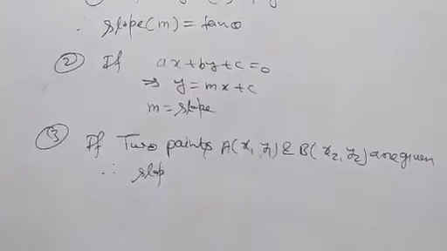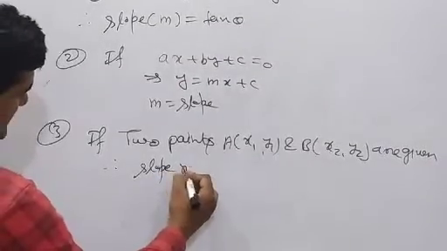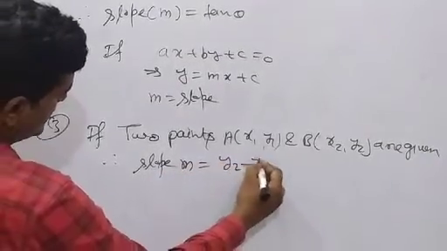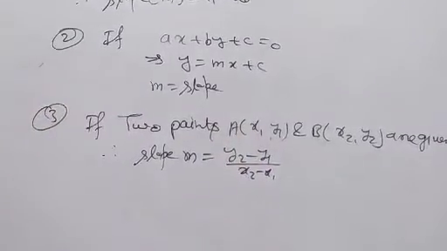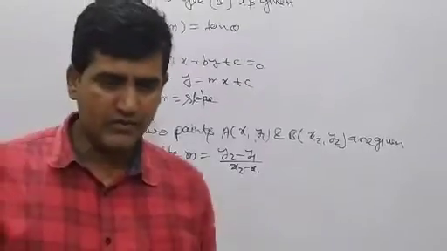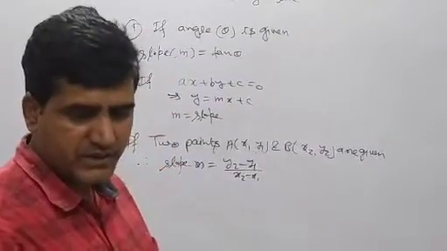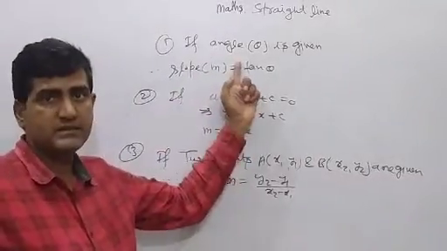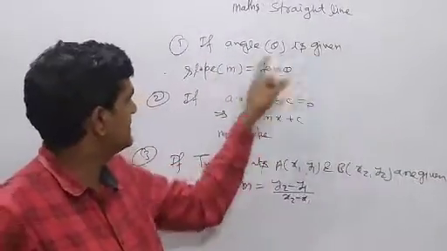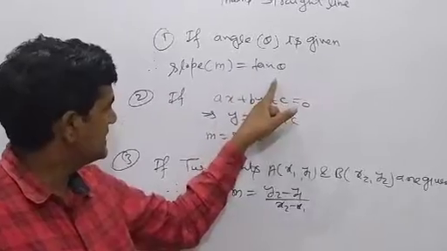Clear? m is equal to y2 minus y1 upon x2 minus x1. This is very important here. And if only the angle, that is the inclination theta, is given, the slope m is equal to tan theta.